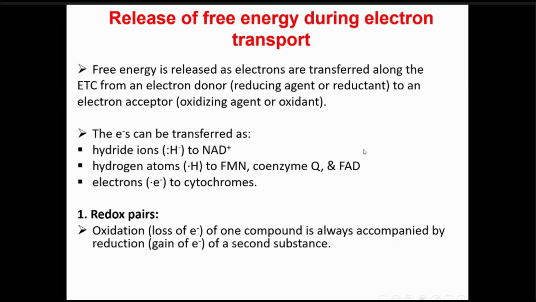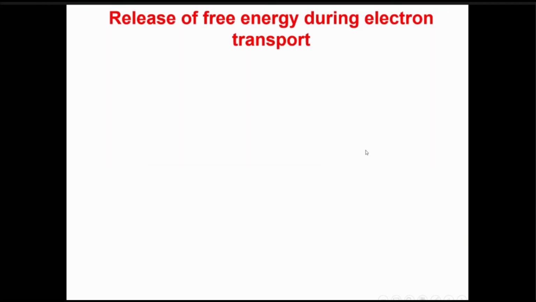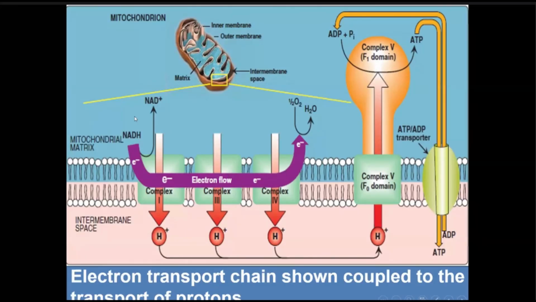What does this mean? We are talking here about NAD. NAD likes to give electrons, and oxygen here in complex 4 likes to take electrons. So that's why the electrons are moving from this side to this side, because this likes to give and this likes to receive.